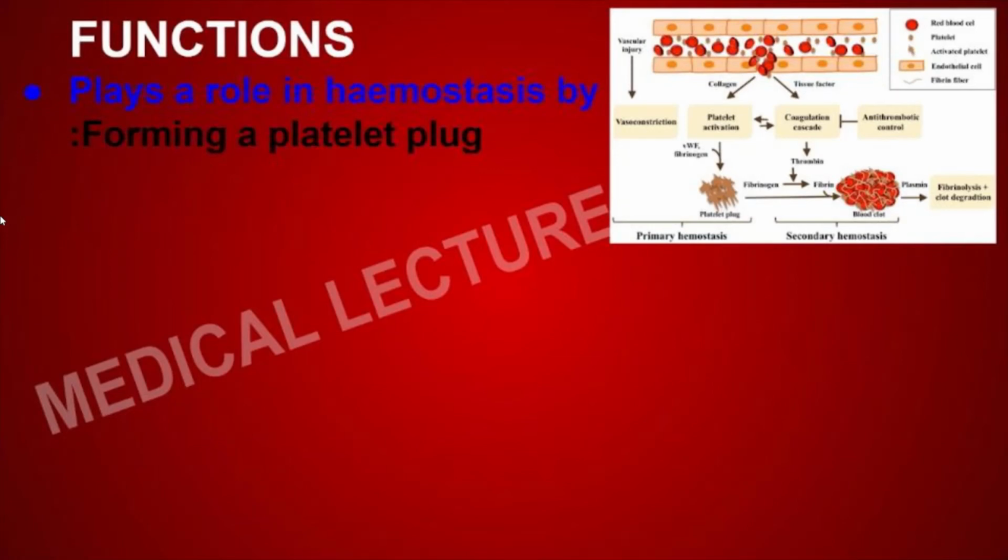Now also they secrete serotonin. What is serotonin? It is a very potent vasoconstrictor, right? And this potent vasoconstrictor helps in arresting the bleeding in the earliest stage. So it forms a platelet plug and releases this potent vasoconstrictor, serotonin.